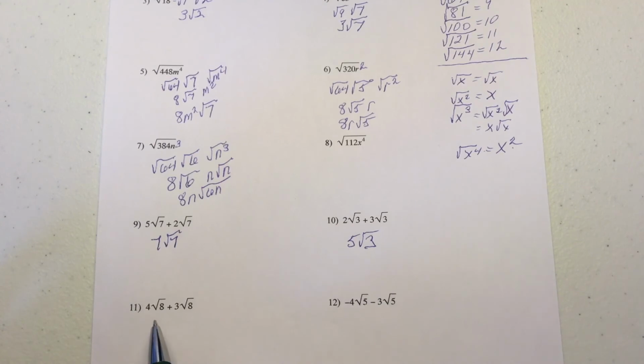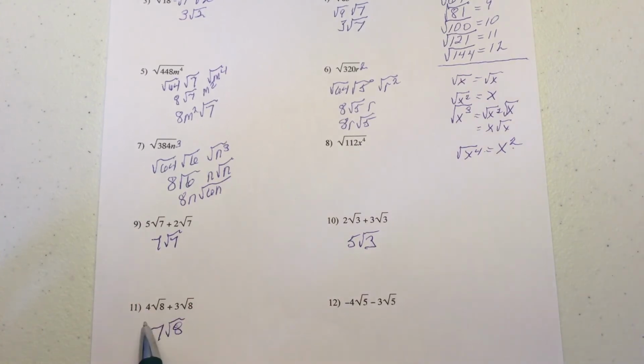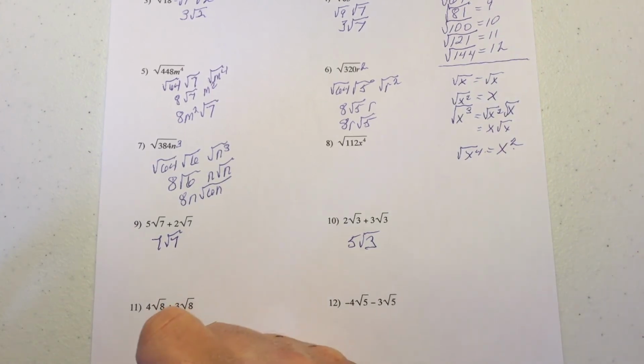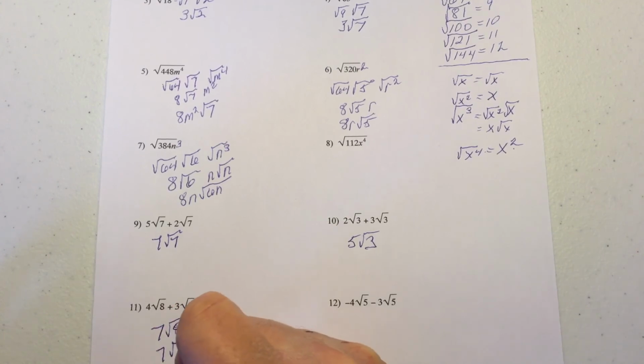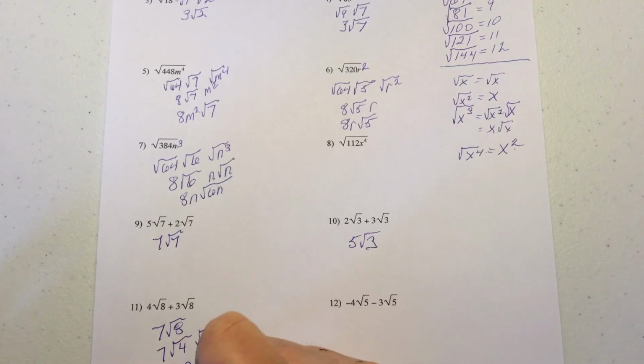Now, this one gets a little more involved, but we get 7 radical 8. 4 radical 8s plus 3 radical 8s is 7 radical 8s. However, radical 8 is one of those that we've been working on breaking down. So we get 7 times 2 times radical 2, because square root 4 is 2.